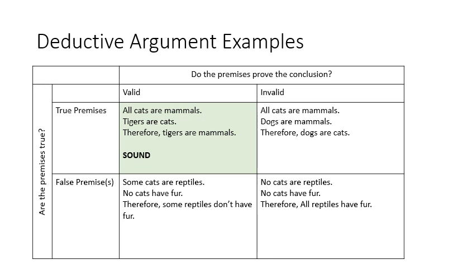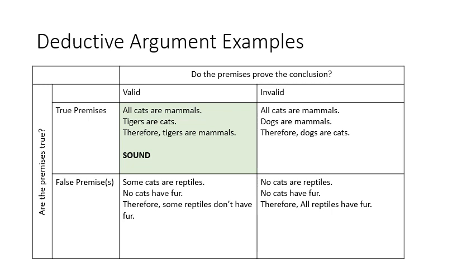It's a valid pattern that just happens to have false premises. If it had true premises, then the conclusion would have to be true, but in this case, it doesn't have true premises. The first premise here is, I hope clearly, false, that some cats are reptiles. That's not true. No cats are reptiles.